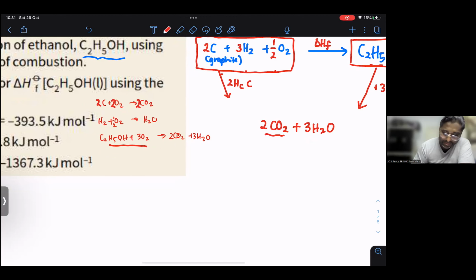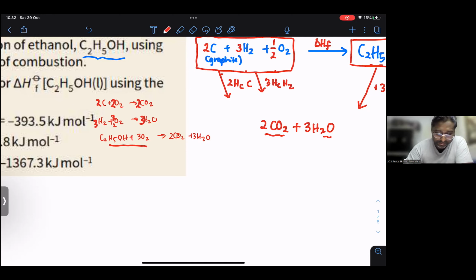So that one is settled. Now let's look at hydrogen. There's 3, so I put 3, react with oxygen to give you 3 moles of water. So this is also settled: 3 times the enthalpy change of combustion of hydrogen.